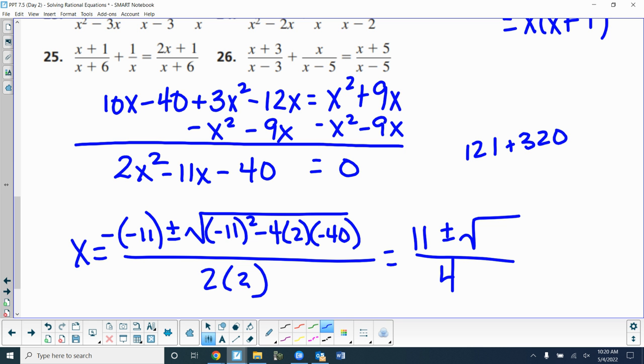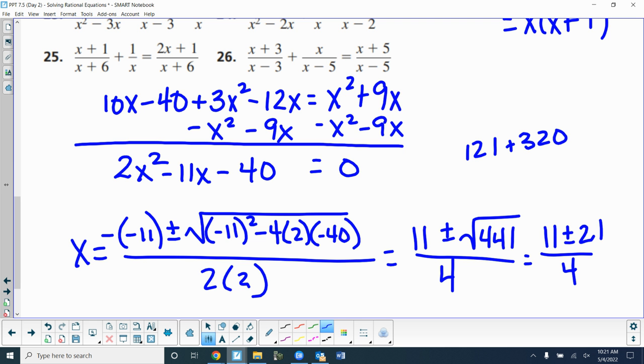So that's, what is that, 441 when I add those? I think that might be a perfect square. Is that 21? I'm going to check me. Square root of 441, is that 21? AJ? Yes. Yeah. 21? Okay. So we got 11 plus or minus 21 over 4.